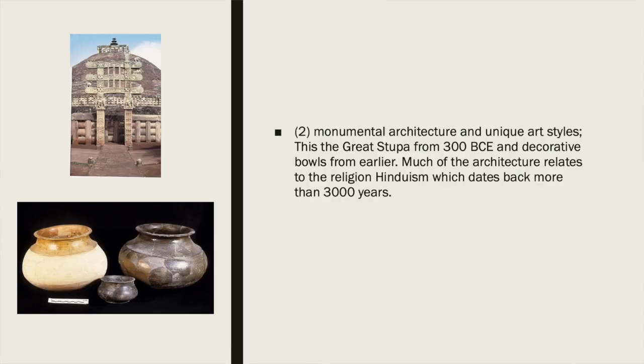All right, monumental architecture. They did have a range of unique styles, not just in architecture, but also in the kind of pottery and the smaller items that they made. And a lot of it was actually religious based. So you can see here I've got a religious location, and I've also got these vases that were here.